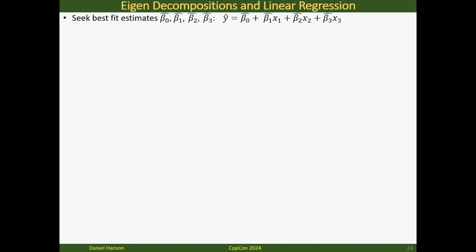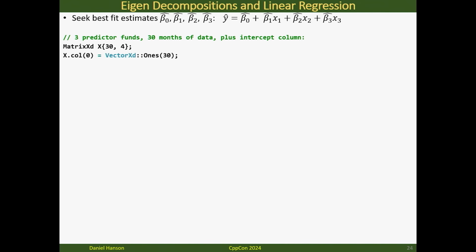So again, our problem is to seek the best fit estimates for our regression equation. We have 3 predictor funds and intercept terms, so we create a matrix X, 30 by 4. But now we're going to populate it a little bit differently. You can actually assign individual columns to vectors in Eigen. And so for our column of ones, there's a function that just returns the number of ones that you put in the argument. So this gives us a vector of 30 ones, and this will go in our first column.